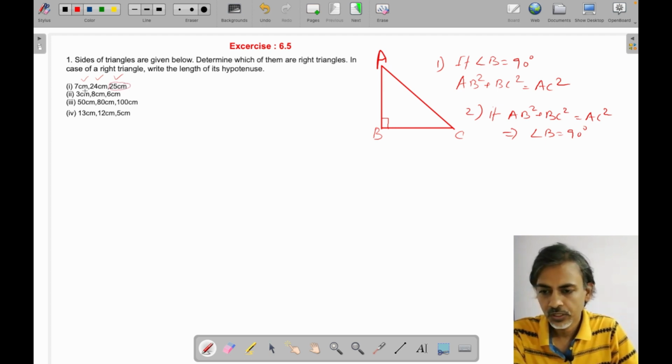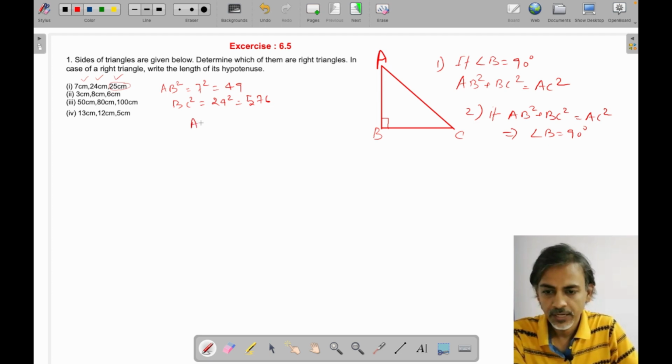So we'll have to figure out, we'll calculate the other two sides and the squares and then see whether it is equal to the third side. So in either way, you have to calculate all the sides. So we will assume that AB square equals 7 square, which is 49 in the first example. And then BC square equals 24 square, which is 576.